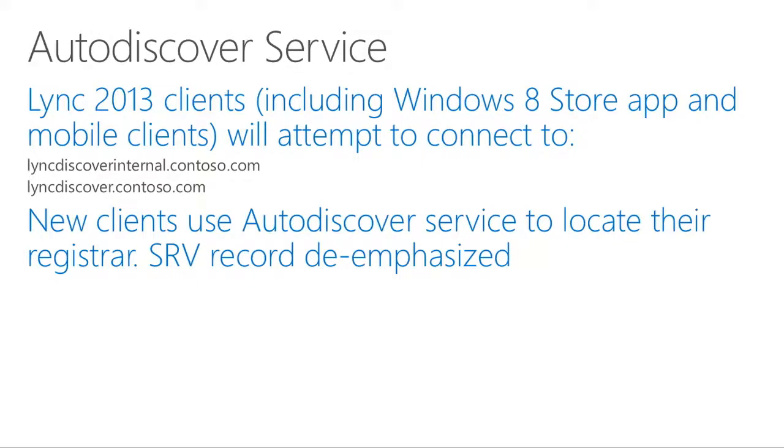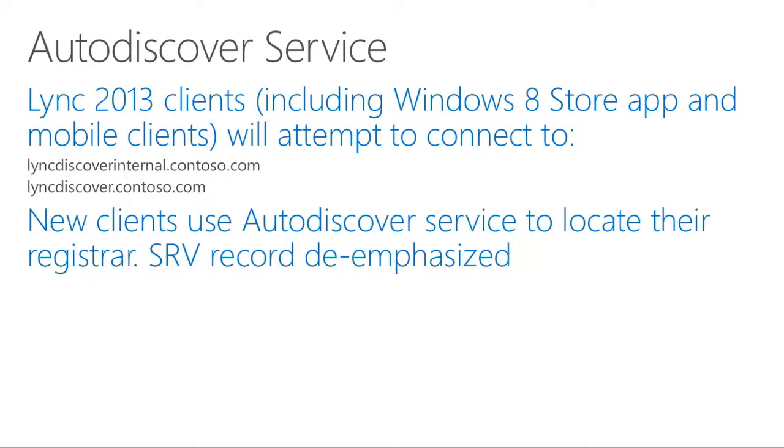And these new clients will use the Auto Discover service to locate their server rather than the DNS SRV record, which has traditionally been used, which is now de-emphasized. And the reason this is used now is so that all the clients across the Lync stack, from the mobile clients to Windows 8 client to the traditional desktop client, are all using the same discovery process to find servers to log in.